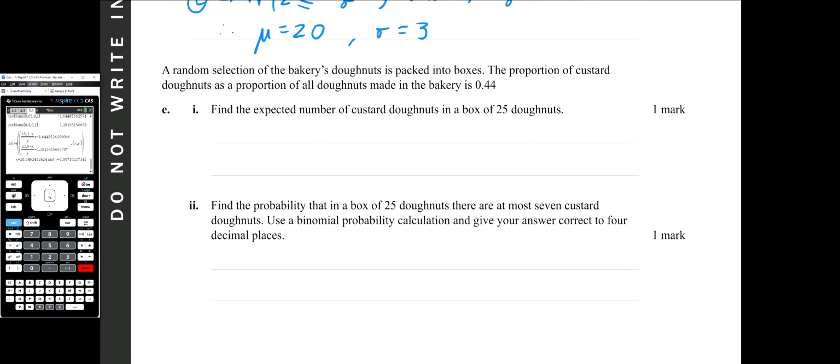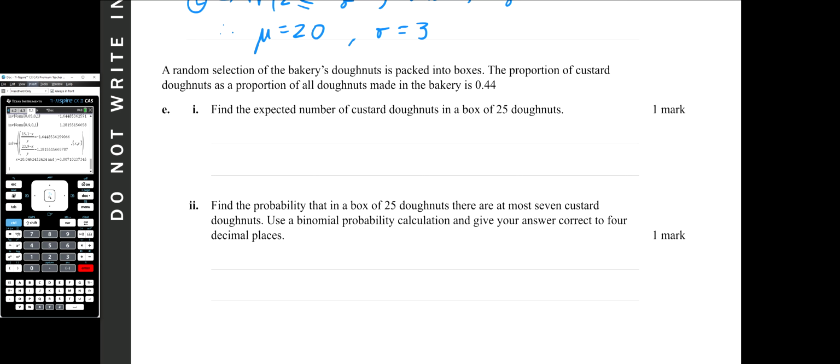Right. A random selection of the bakery's donuts is packed into boxes. The proportion of custard donuts as a proportion of all donuts is 0.44. Okay, so find the expected number of custard donuts in a box of 25 donuts.